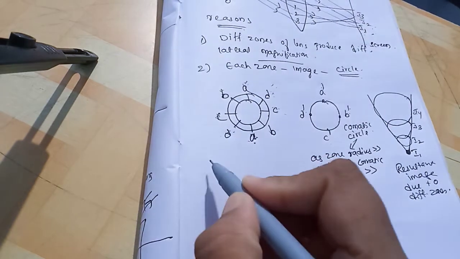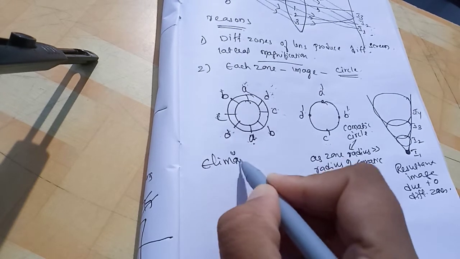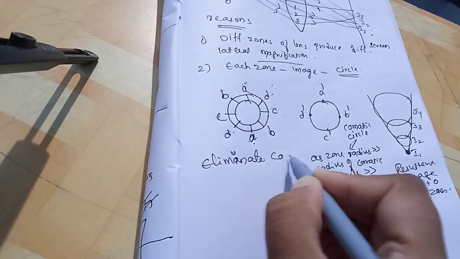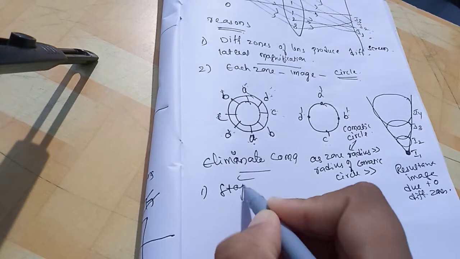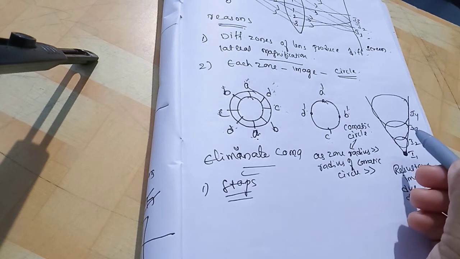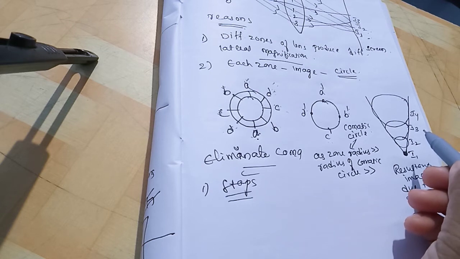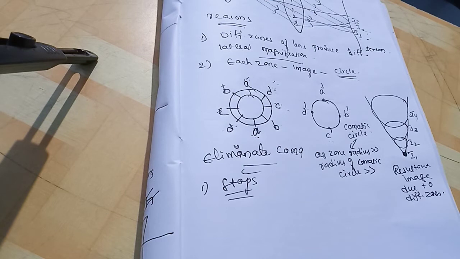Then how to eliminate the coma? First one, as usual, we will use stops. So stops will allow only the rays passing through the central zones and stop the rays going from the outer zones.